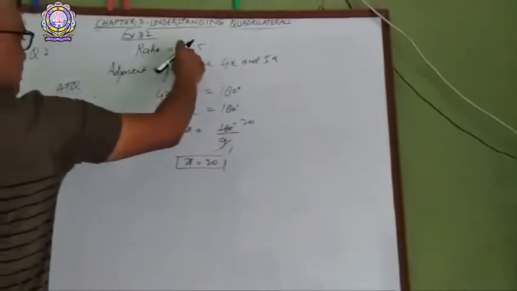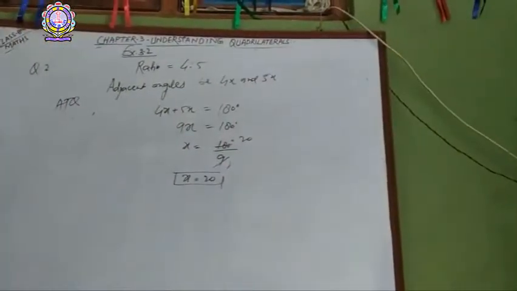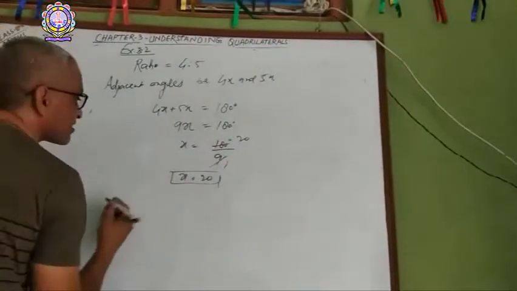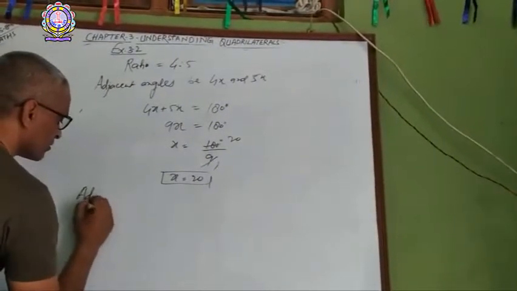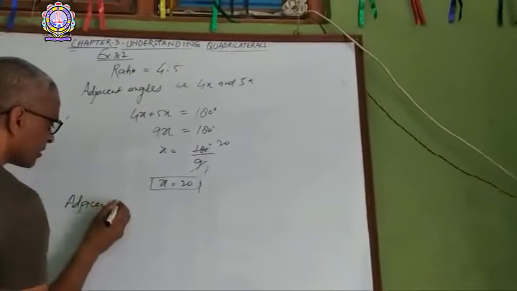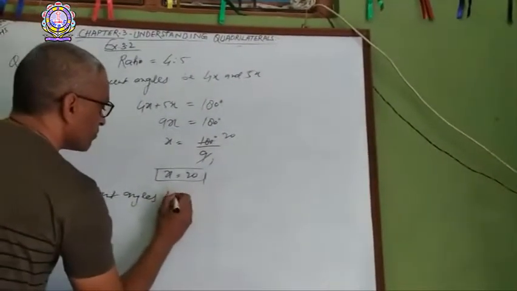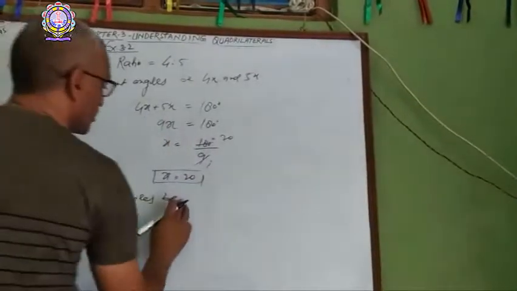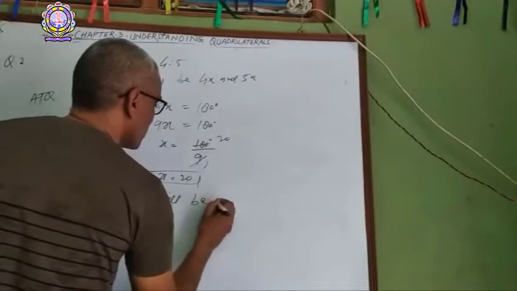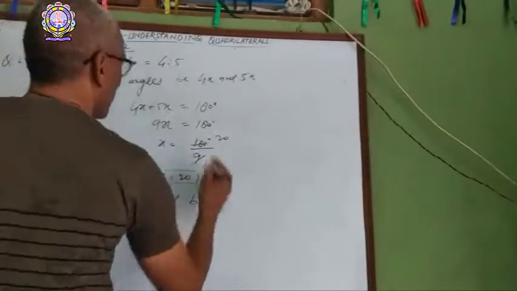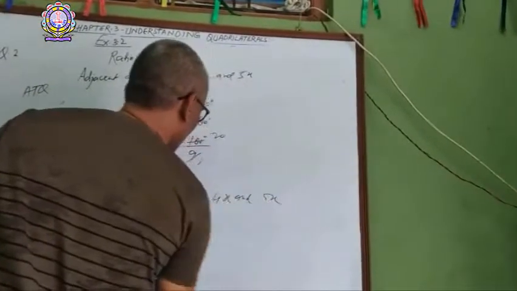When we get the ratio, the adjacent angles must be 4x and 5x.